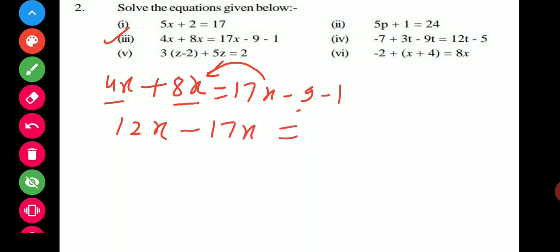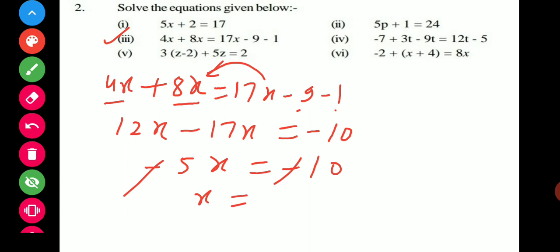Here is minus 9 and minus 1, that becomes minus 10. So plus 12 and minus 17, it becomes minus 5 of x, and here is minus 10. So minus minus cancel out, so x equal to 10 divided by 5. 5 1s are 5, 5 2s are 10. So x is equal to 2. So it is your answer.